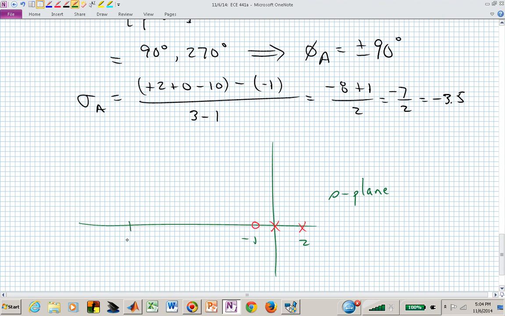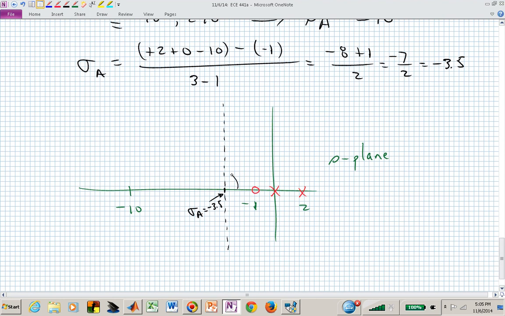I'm going to simply mark the location sigma sub A, which is our -3.5, where I move away from with my asymptotes. Here's my phi sub A equaling 90 degrees. Here's my phi sub A equaling 270, or -90 degrees.